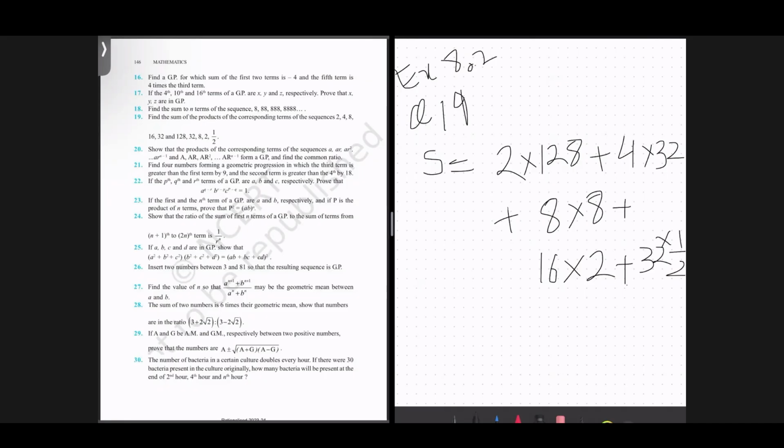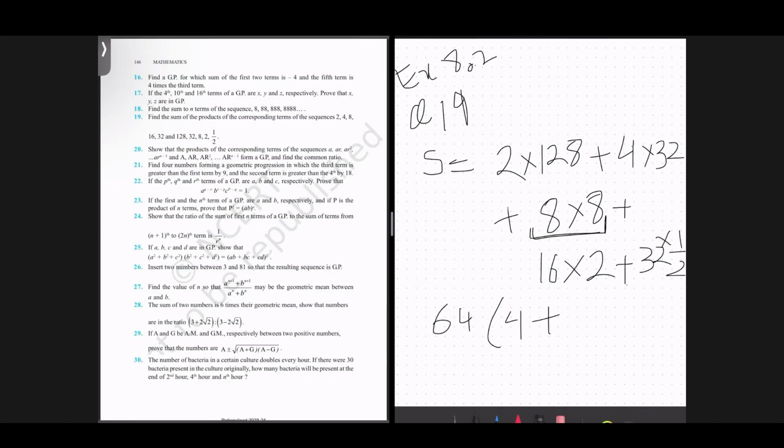From this summation, can I take out 64 as common? Let's see what happens when I do that. So I am going to take 64 as common. 2 into 128 is nothing but 256. And when you divide 256 by 64, we are left with 4. Plus 4 into 32 is 128.